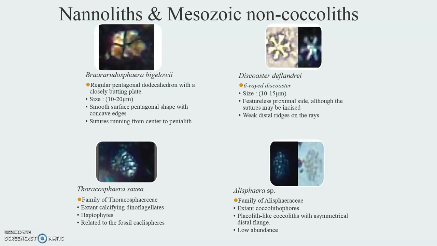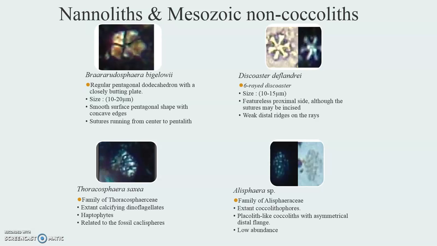Nonetheless, Mesozoic non-coccoliths also have different features, in which Braarudosphaera bigelowii has a regular pentagonal dodecahedron with closely butting plates and smooth surface, pentagonal shape with concave edges, and is very fragile.